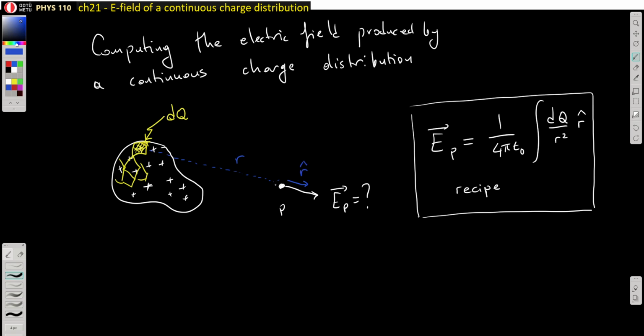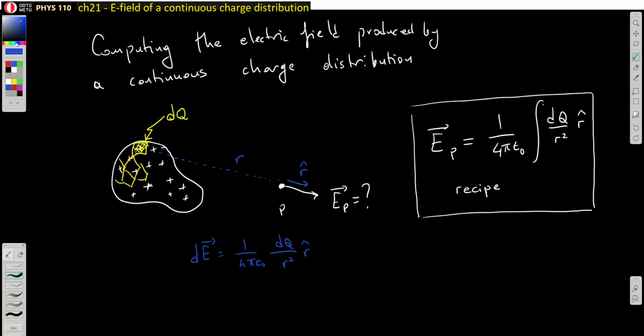Then there is this r unit vector, which is defined by using this orientation in here. And we know that this point charge produces an electric field, which is 1 over 4 pi epsilon 0 times the point charge, which is dq, divided by r squared, times the r unit vector. So that's the electric field produced by that point charge only.